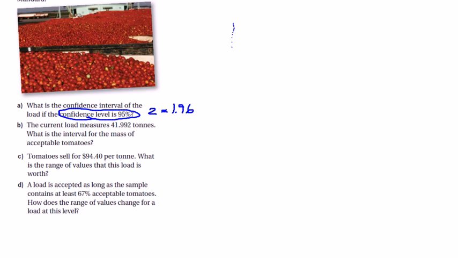Now, in order to find the confidence interval, we're going to subtract that and add it from and to the mean of 92%.